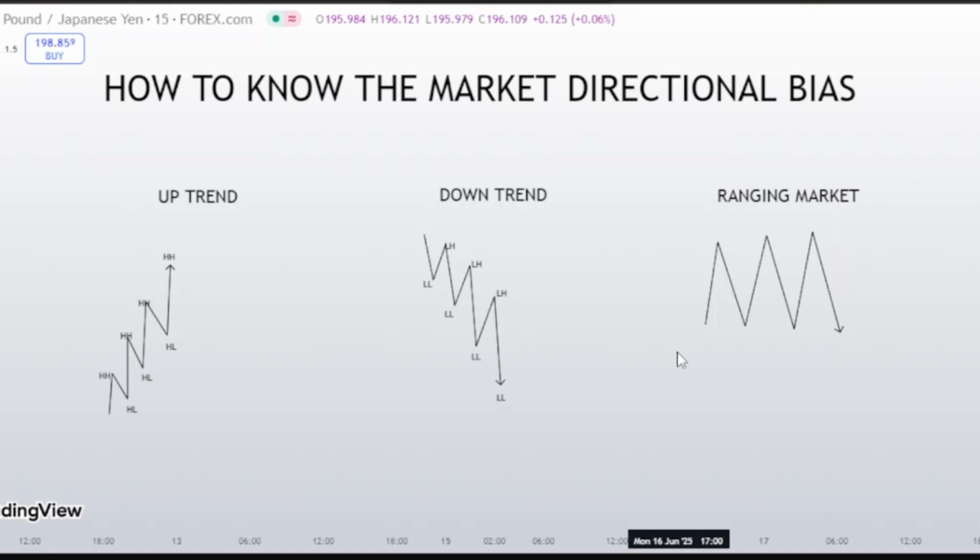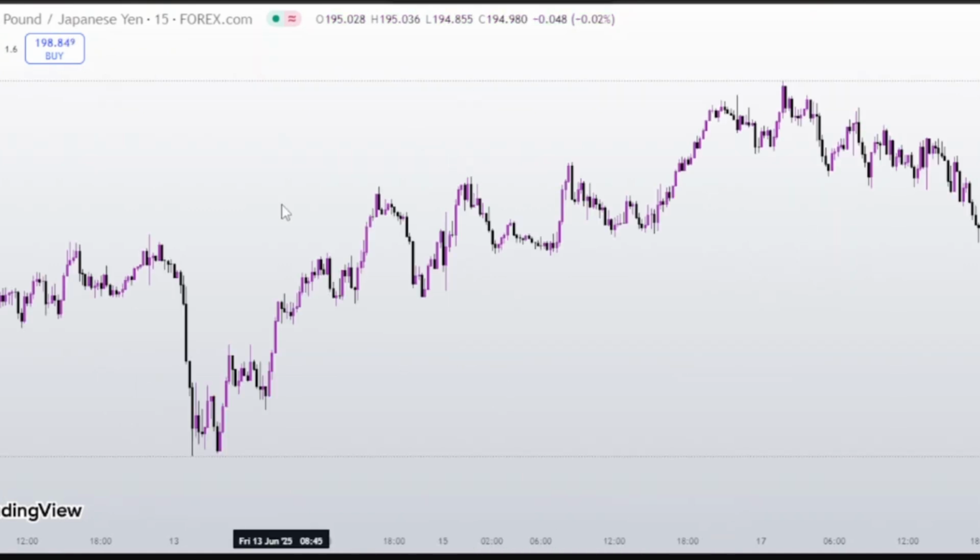So let's check it out on the chart and let me show you examples of the trend on the chart. All right, you can see from here we're having a downtrend. Then the market does something like this.